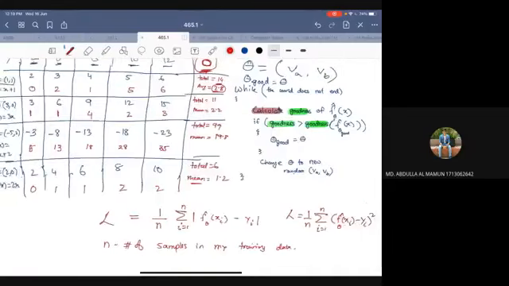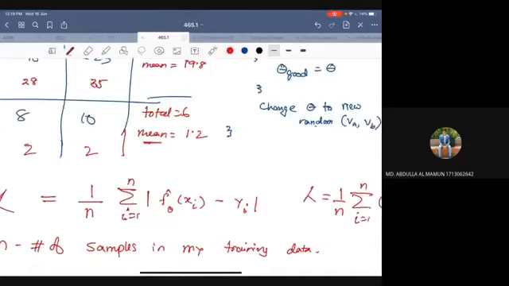So now that's very interesting, right? Now, let's think of this function here.